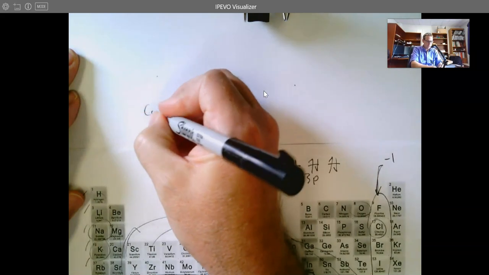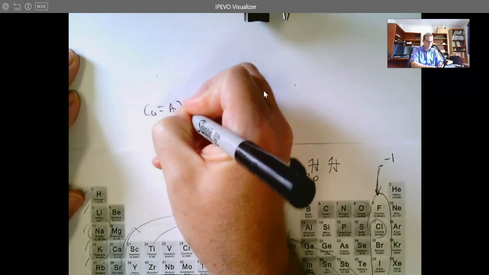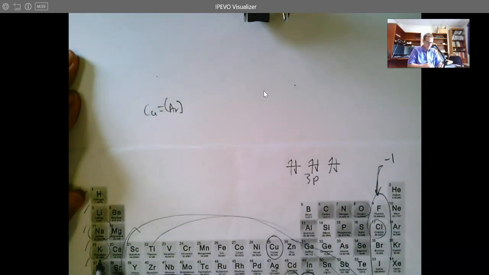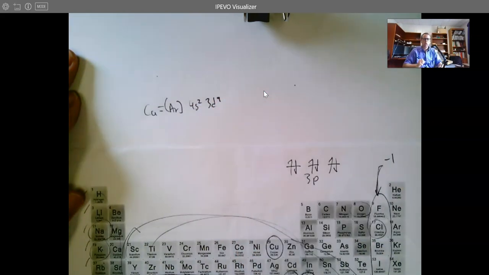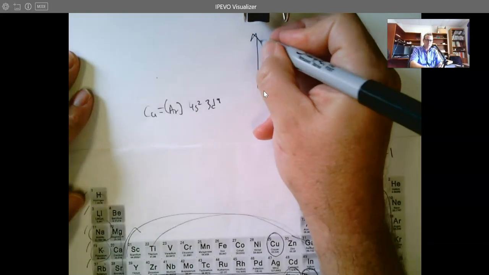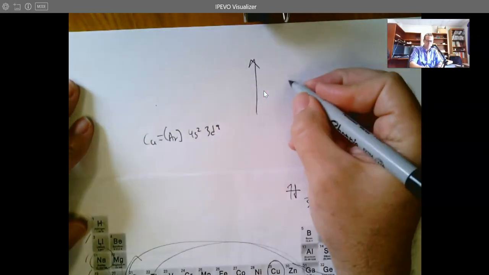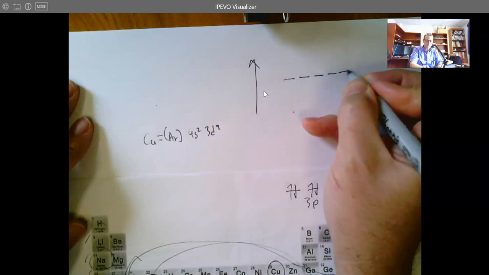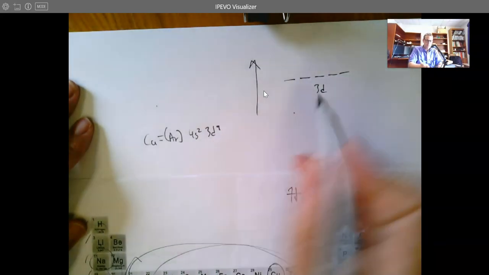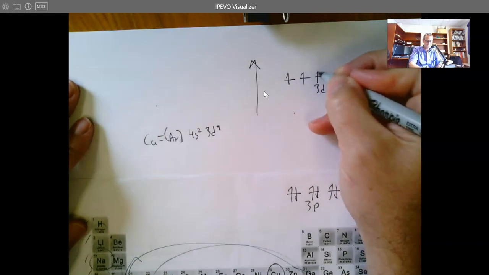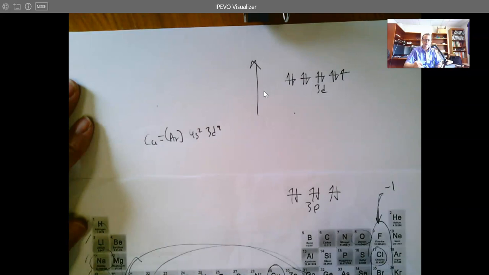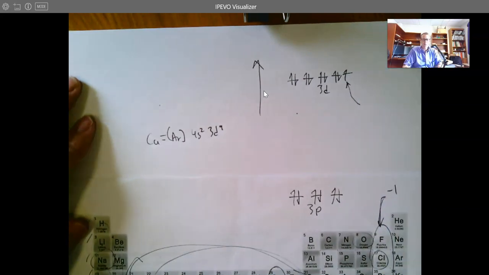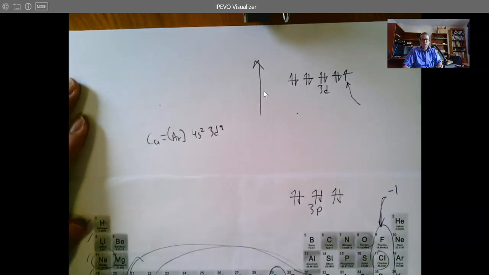So the electron configuration for copper, going to start with an argon atom, 4s2, 3d9. If we think about our electron configuration, and specifically all I'm really interested in is that 3d orbital, and then filling it up with 9 electrons: 1, 2, 3, 4, 5, 6, 7, 8, 9. This is our unpaired electron.